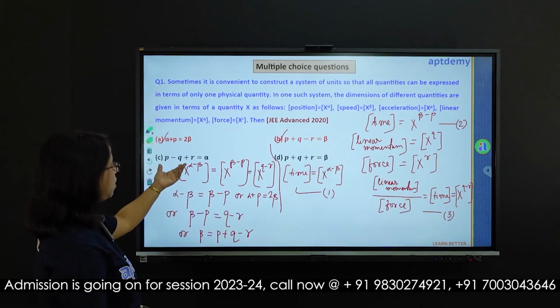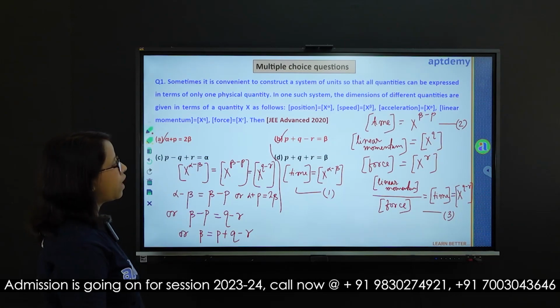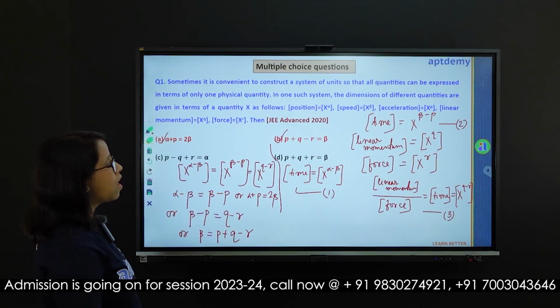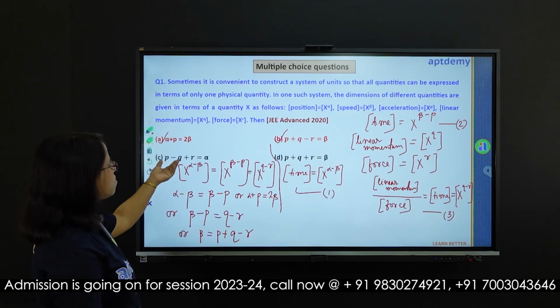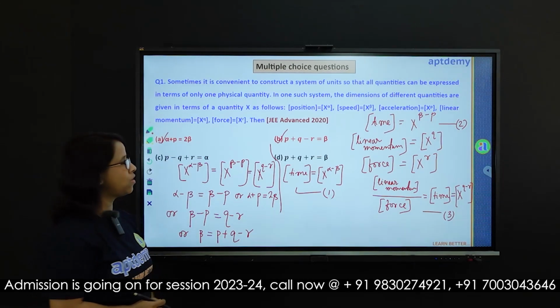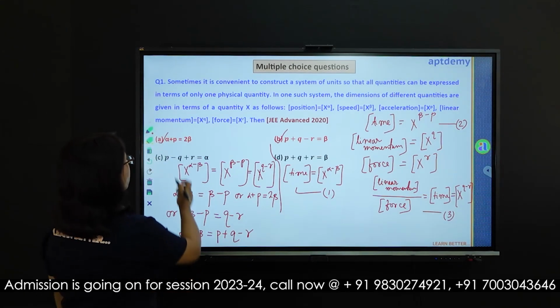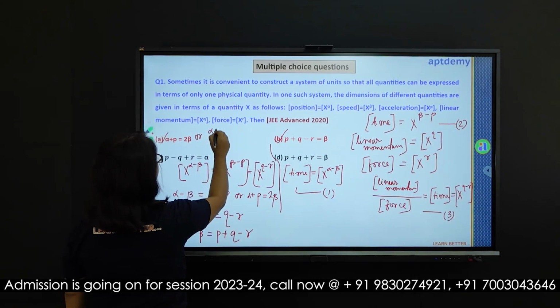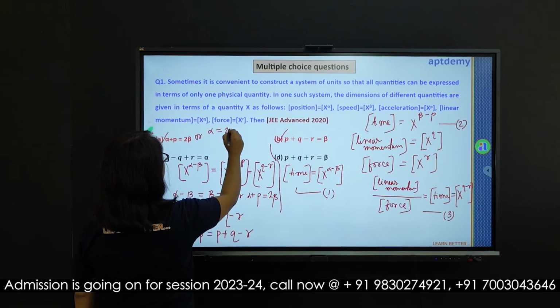And keeping an eye on the third relation, let's try to see if this also holds good or not. For that, what we need to do is find out alpha. Now we have already got that the first two relations are correct. So let us use them to see what the value of alpha should come out as. If from the first relation we try to find out alpha, we can see that alpha will be equal to 2 beta minus p.